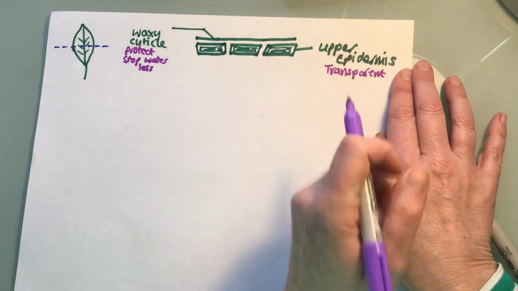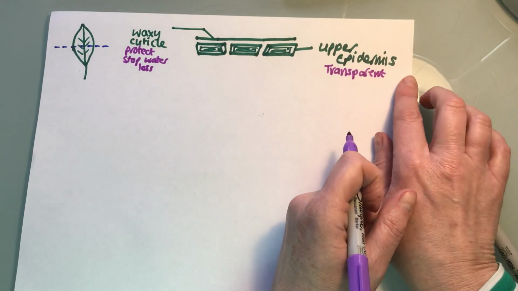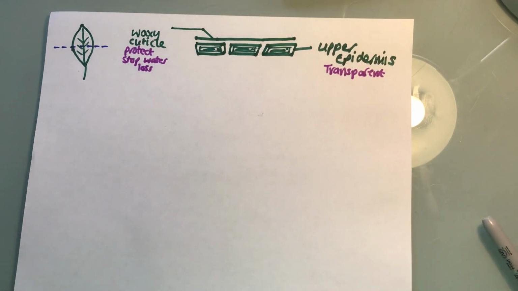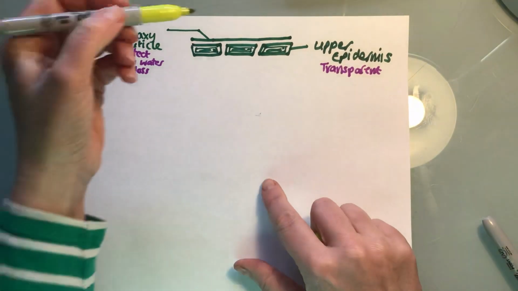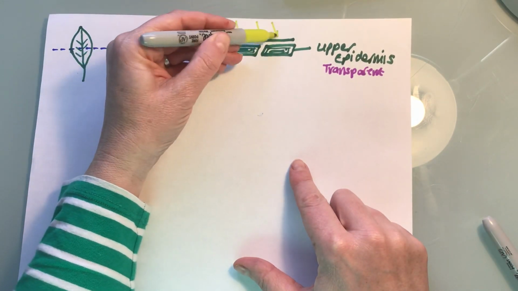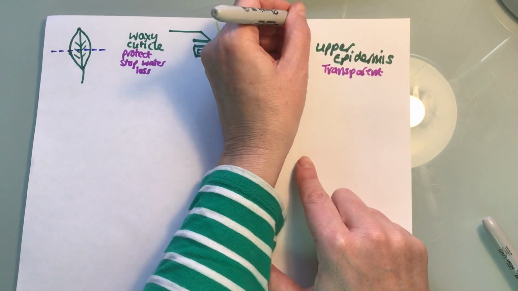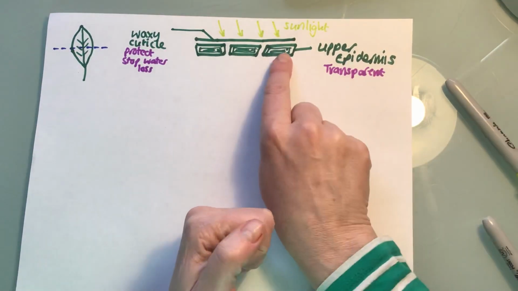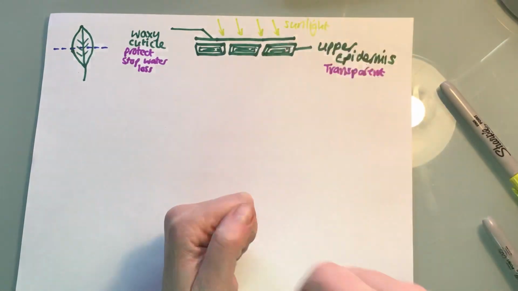And that means that the light can get through them. So the sunlight is going to be coming down onto the top of the leaf. And these lovely epidermis cells are nice and clear, so the light can get through.